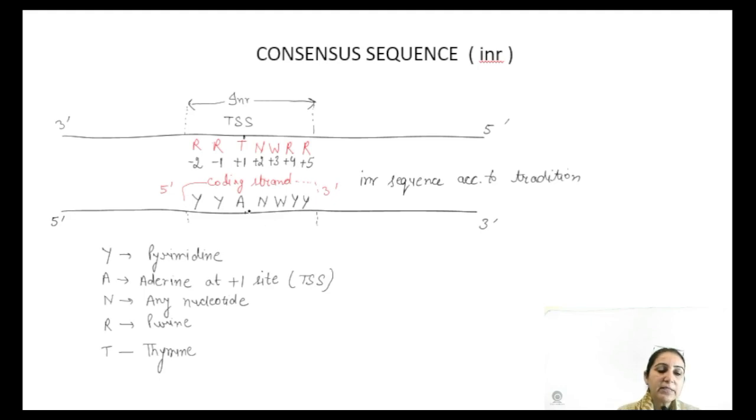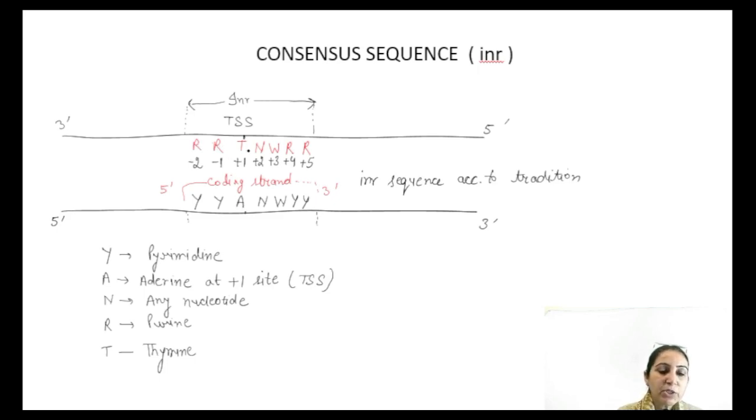Now, as this sequence is written with respect to the coding strand, actually in the non-coding or template strand the sequence will be like this. If this is pyrimidine, here can be any R. R is any purine. Here is the pyrimidine, so in the non-coding or template strand, here it will be any purine. Here will be purine. The other one is also purine.